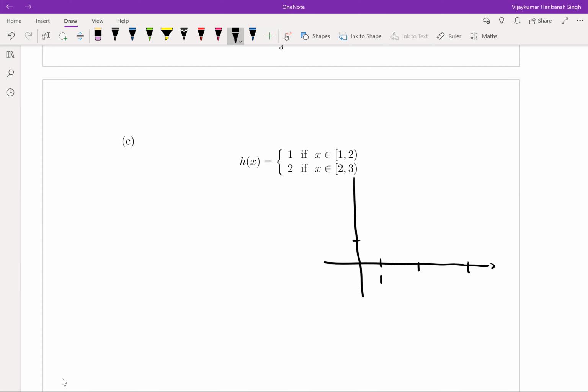This is how the function is defined. And there's a hole, because at 2 it is defined by a different rule. At 2 it is defined by 2. So here we have, and again at 3 we have a hole.